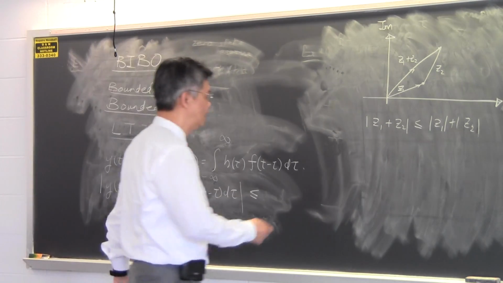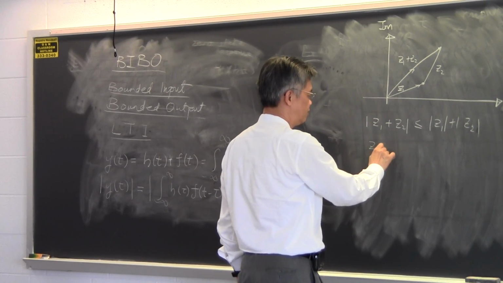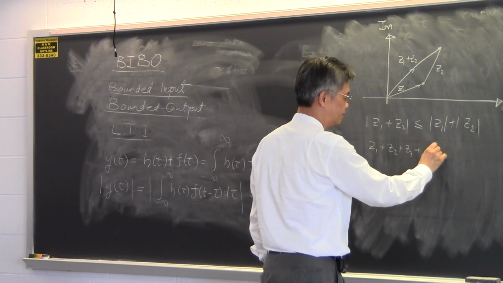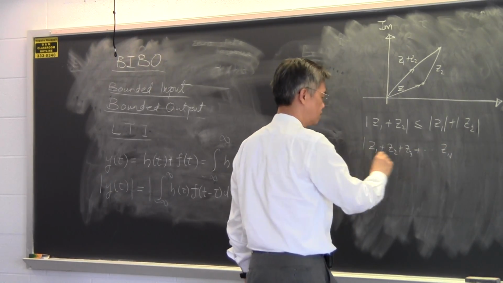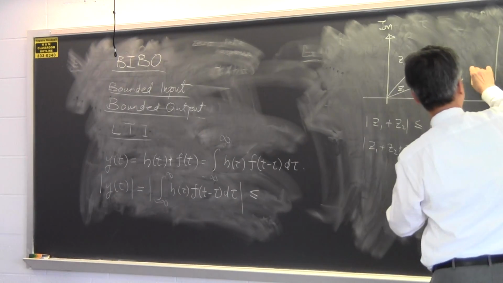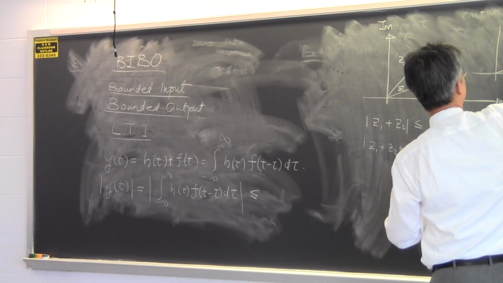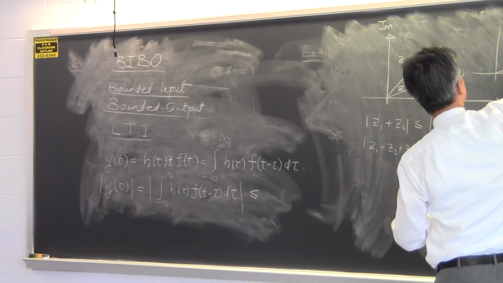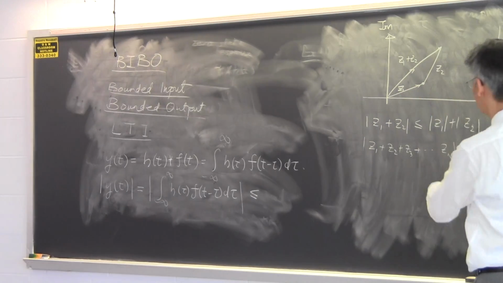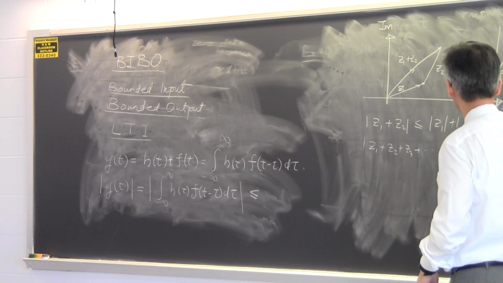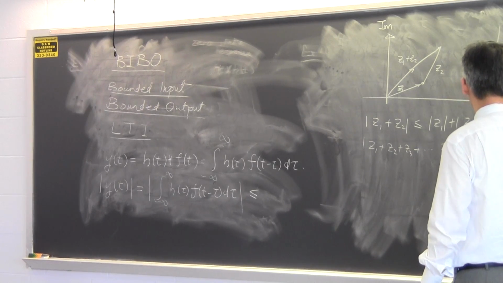It can be generalized to Z1 plus Z2 plus Z3 up to Zn. You can draw many, many complex numbers on the complex plane and add them, and the magnitude of the sum is always less than the sum of its individual magnitudes.